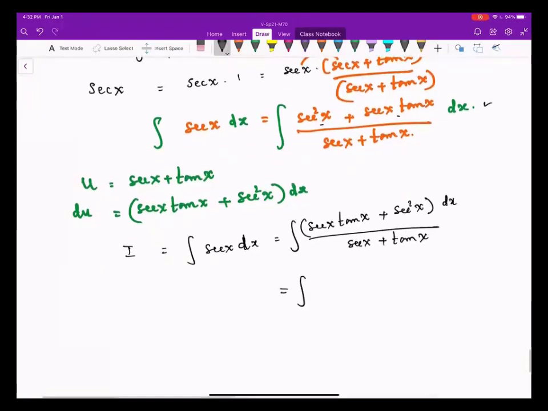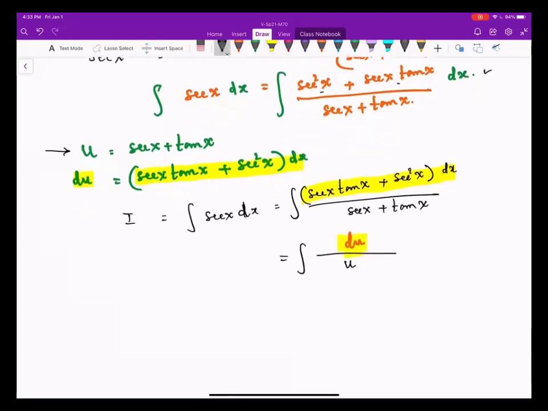In this integral, secant x plus tan x equals u. So substitute that u. If you look at the numerator, secant x tan x plus secant square x, the whole thing dx, that is nothing but du. So the numerator whole thing is just du.